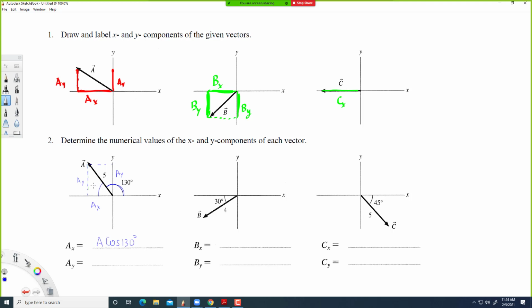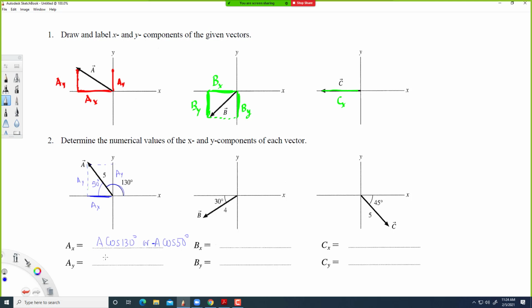So this would be 180 minus 130, which is 50 degrees. If you use this one, then you need to put minus sign here because this is in the negative quadrant, negative side. So negative a cosine 50 degrees. Both should give you the same answer.